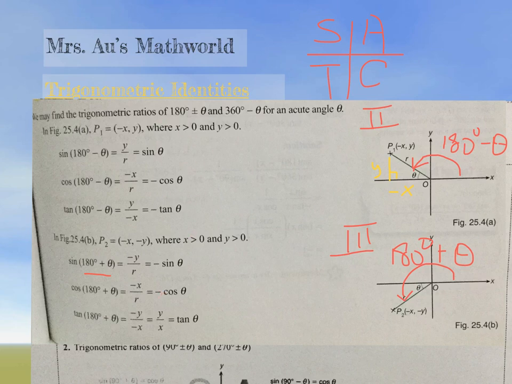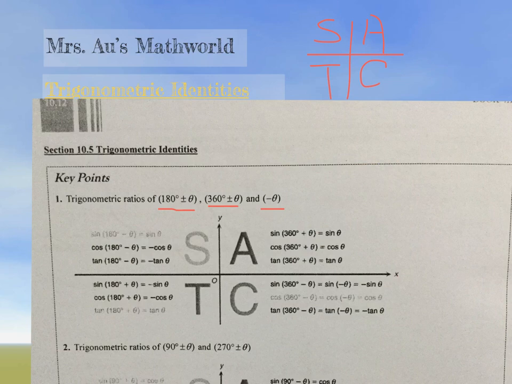As a result, in this table for part 1, we just need to handle the cases when they are 180 degrees and 360 degrees plus or minus, and then check the quadrant. Quadrant 2 still goes for S, quadrant 3 still goes for T.